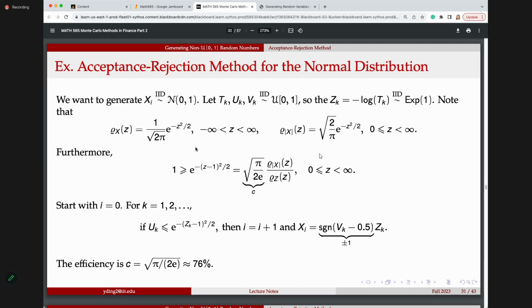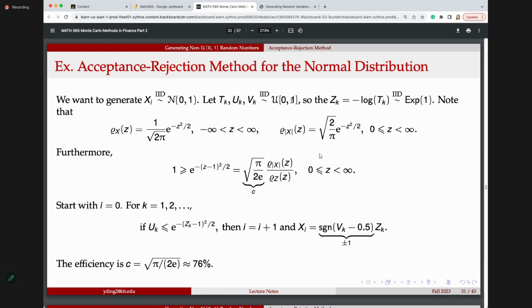So here, let's consider another way. We introduce three random variables, T, U, and V. All of them come from the standard uniform.